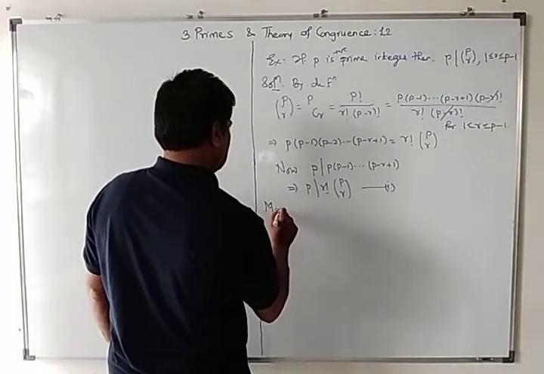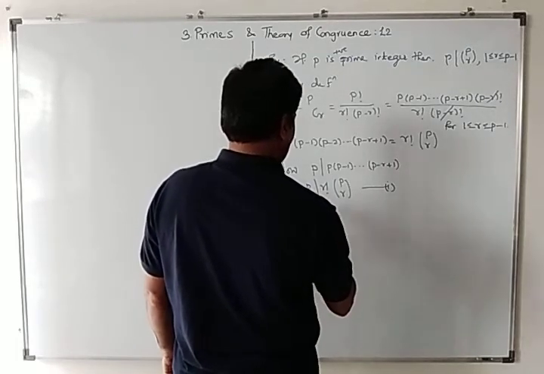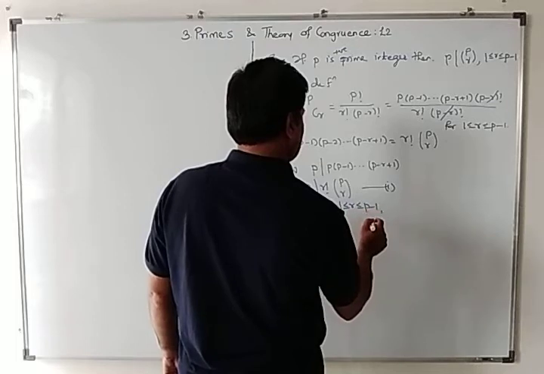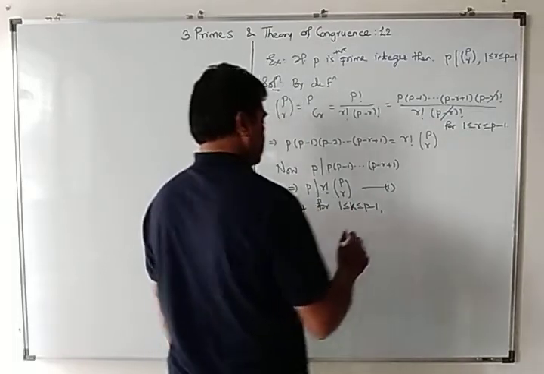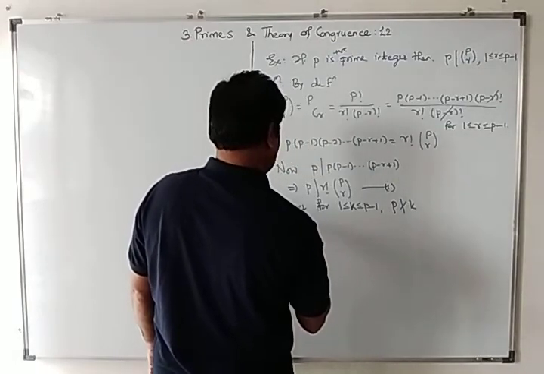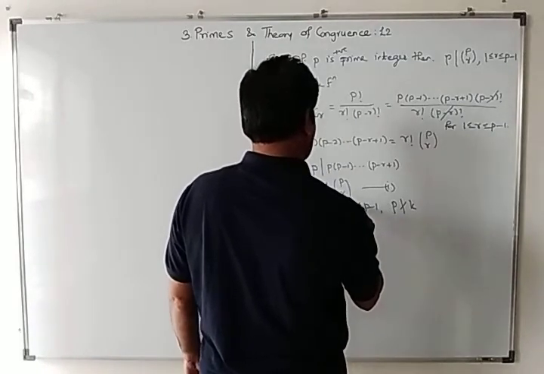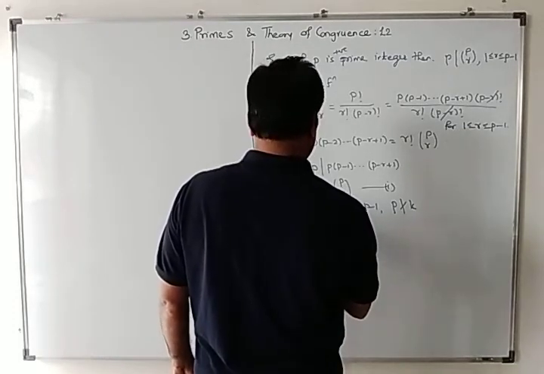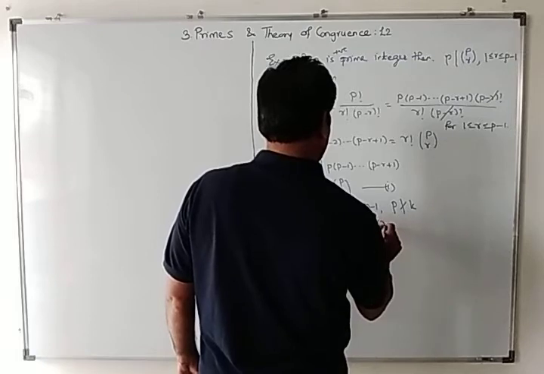Moreover, for 1 ≤ r ≤ p − 1, p doesn't divide k for k from 1 to r. So p doesn't divide 1, p doesn't divide 2, and so on, p doesn't divide r.